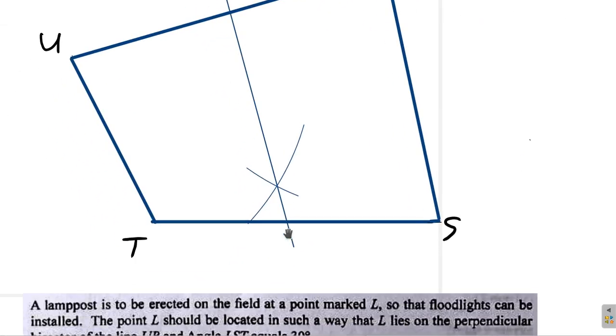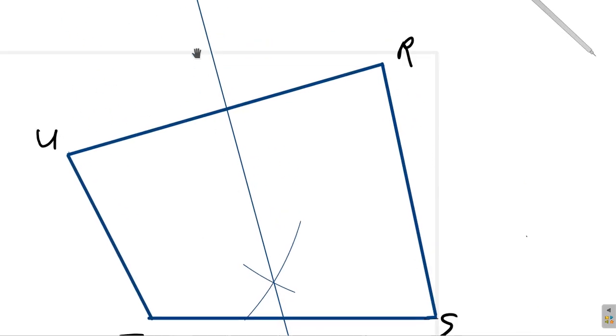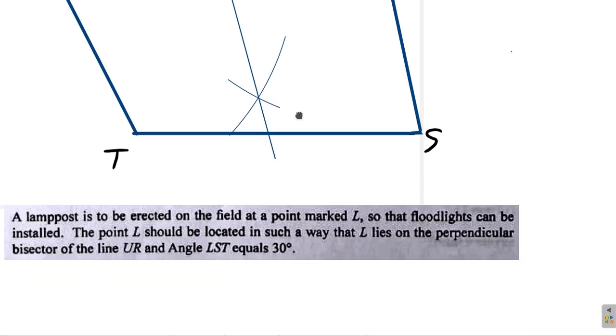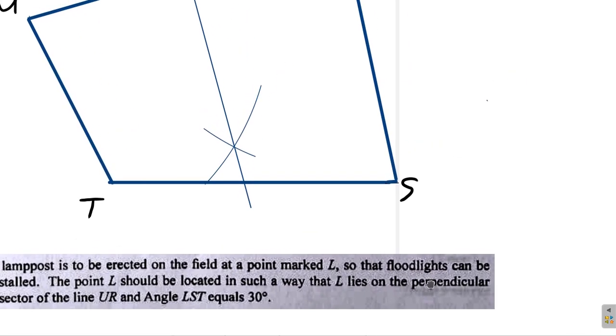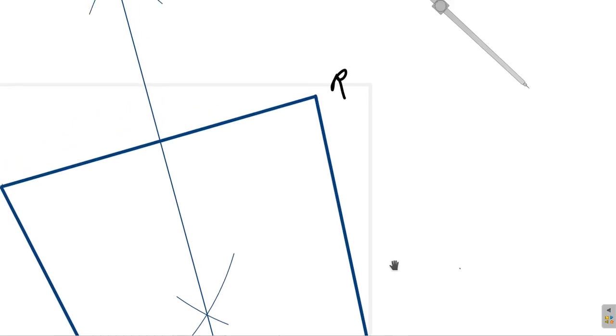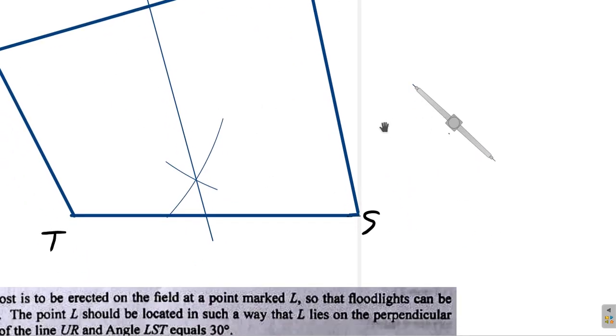Now, the lamppost L is going to lie somewhere along here. Where is the intersection now? Now, you should have a 30 degree here, so we want to make a 60 degree, then bisect the 60 degree to make 30 degrees. Alright, so let's put our compass here.